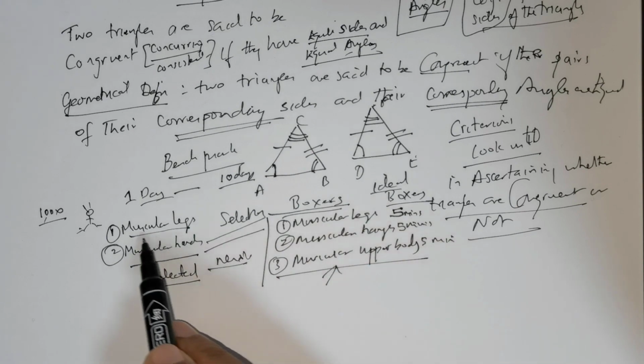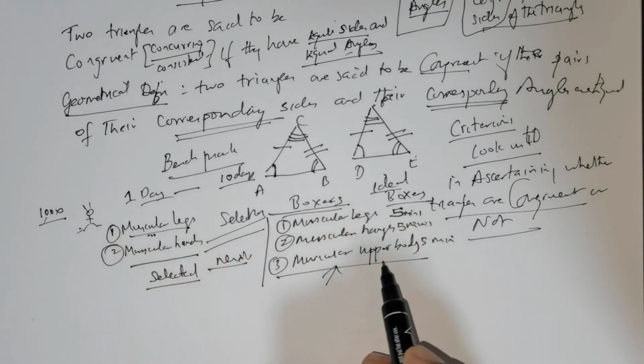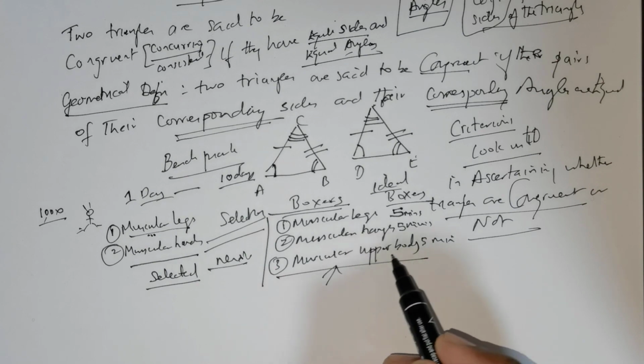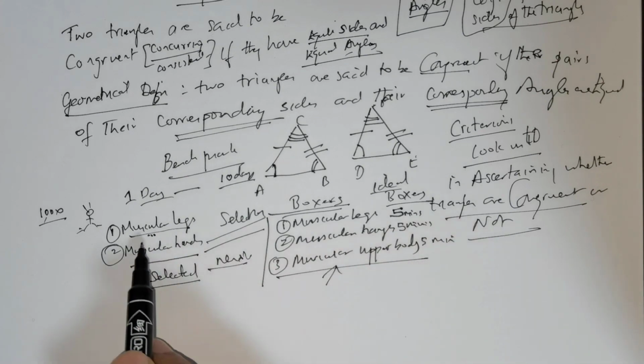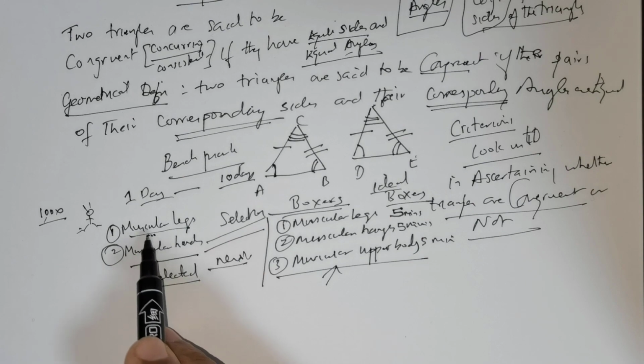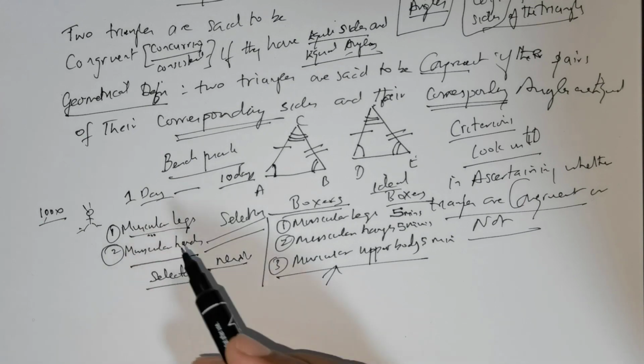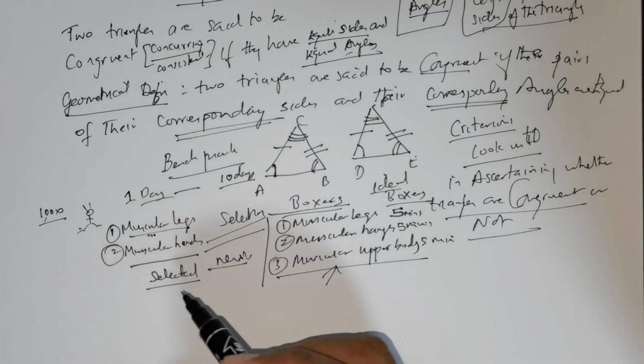Obviously, because a person who has muscular legs automatically will have a muscular body. Of course, the converse is not true. But if an individual takes time to develop his legs, the upper body will by default develop, because all the activities of the leg in some manner or the other will include the upper body.